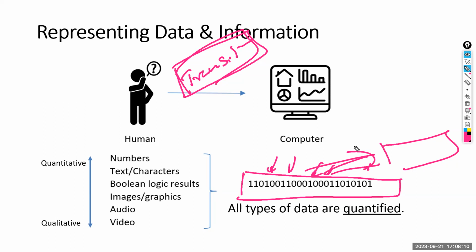So we call that two-state logic, Boolean logic. There are different types of logic. The logic that we use in computers is called Boolean logic or two-state logic. Every input must be either true or false, and output must be true or false. Boolean logic is a two-state concept.